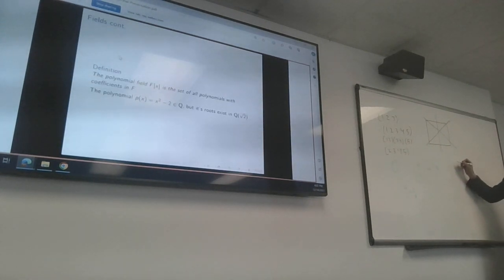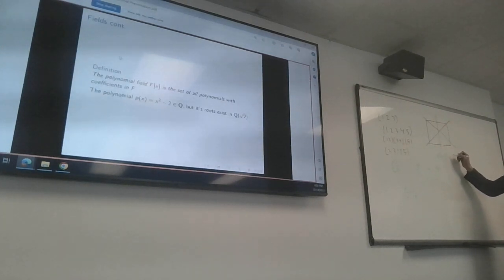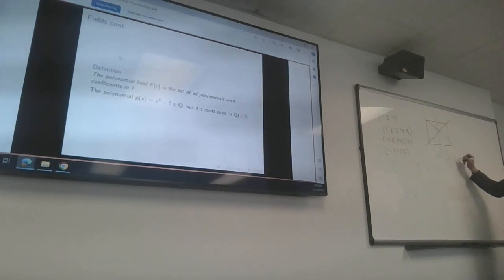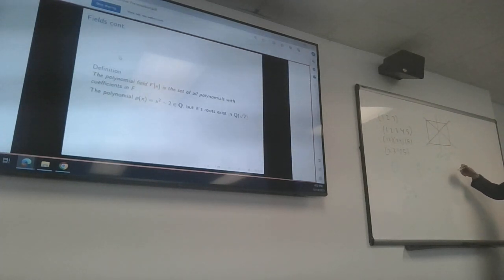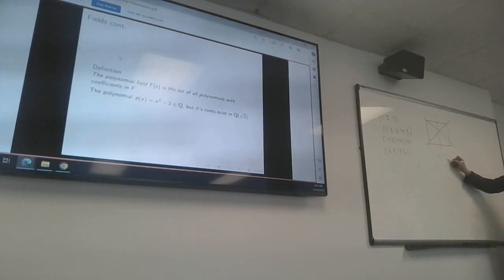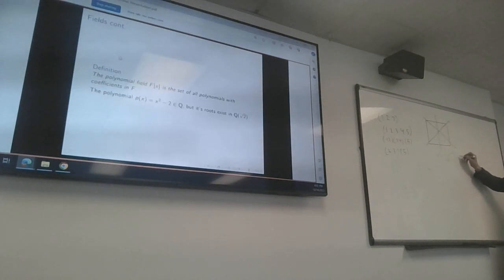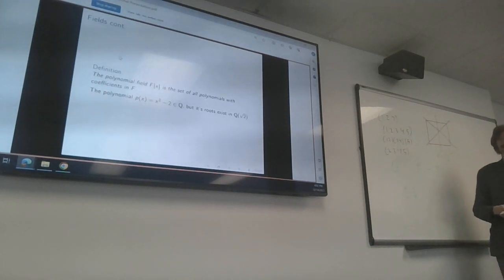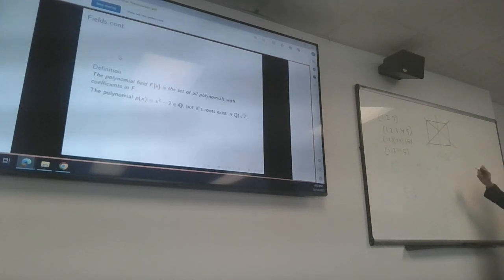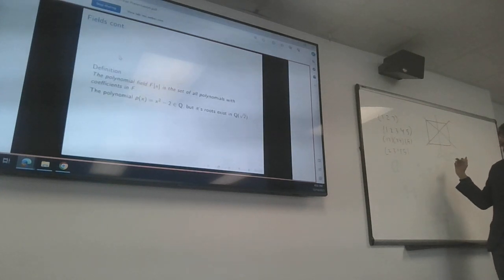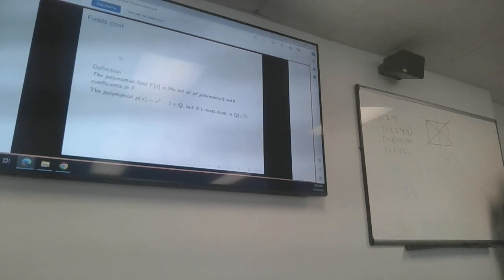So if you have any polynomial like x to the n plus c(n-1) x to the n minus 1, dot dot dot, up to c1, that would be the field of all polynomials where all these c's are in whatever the base field is. In this case, you can think about it as the rational numbers here.